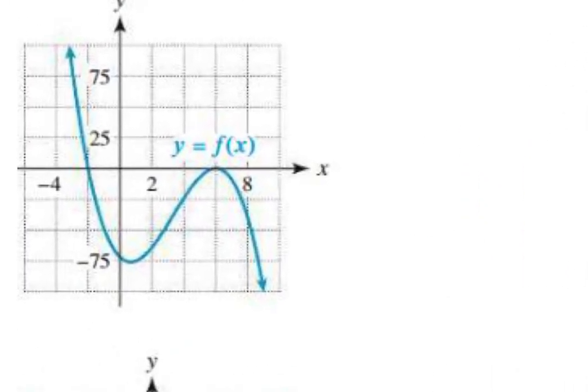Our first one, we have zeros. We have x-intercepts. We have an x-intercept at (-2, 0), and we have an x-intercept at (6, 0).